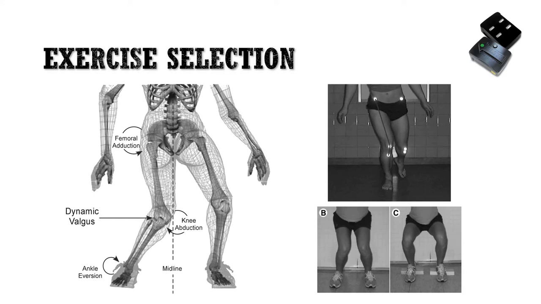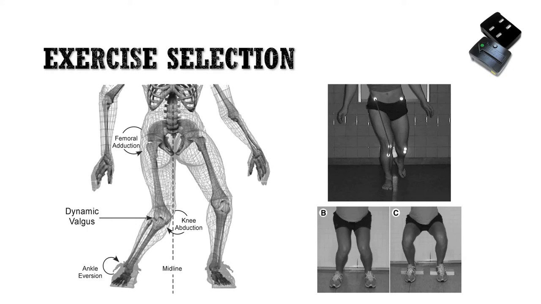That could be jumping and landing, running, squatting, whatever. Whenever there's a reasonable amount of knee flexion, valgus is simply when the knee moves closer to the midline of the body. Conversely, knee varus is where the knee moves away from the midline of the body, moving laterally, as opposed to valgus where it moves medially.